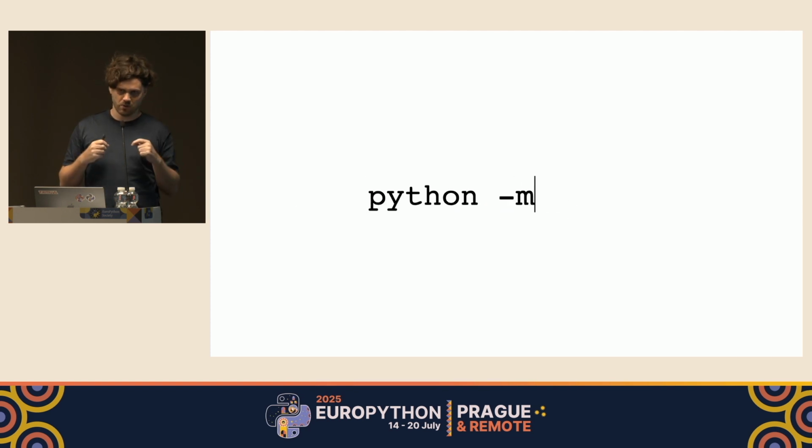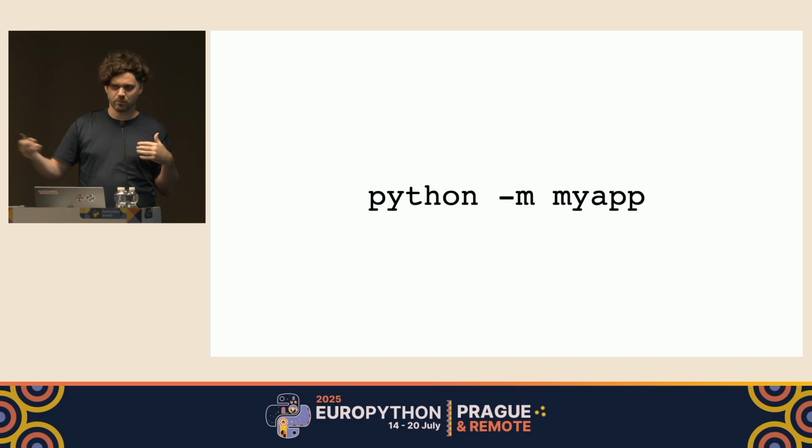If I don't know where my program lives, but I know that it's importable, I can use python -m and the name of a module. This is handy. For example, if I run python -m http.server, I will get a server running, and I don't really care where the http module is on disk, in site-packages or whatever it is.